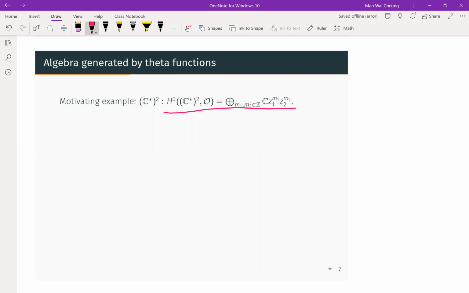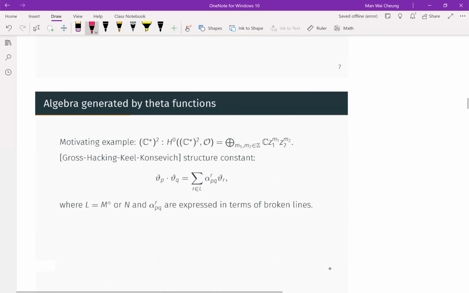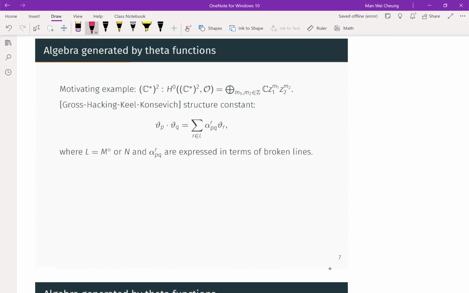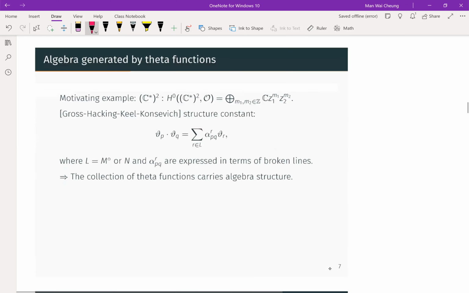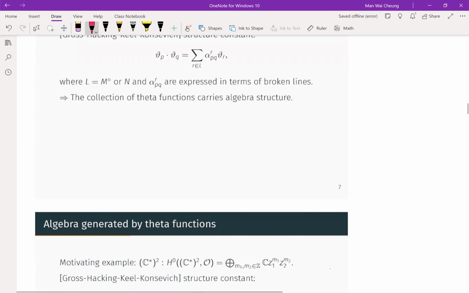This is what we are looking for: the vector space generated by theta functions having some algebra structure. This is what Gross-Hacking-Keel-Kontsevich show: when we multiply two theta functions, the product can be expressed as a linear combination of other theta functions. So you can see it carries some algebraic structure.